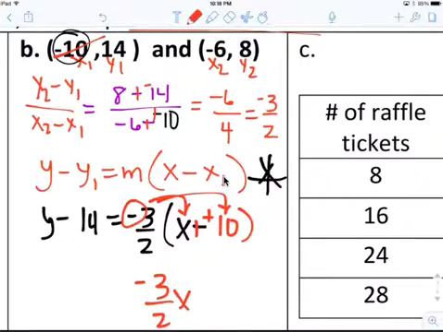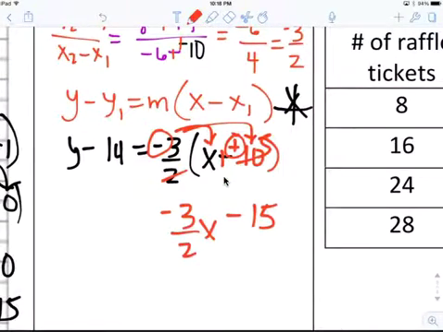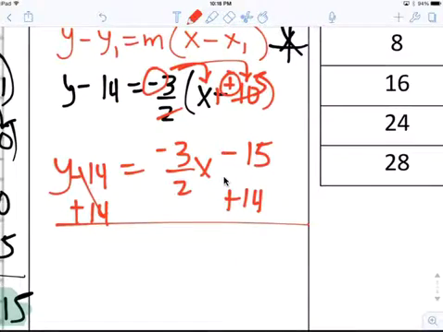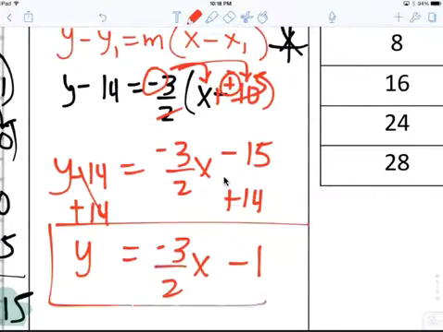A negative times a positive is a negative. Cross cancel, 15. Equals y minus 14. Add 14, add 14. Y equals negative 3 over 2x minus 1. That's your answer.